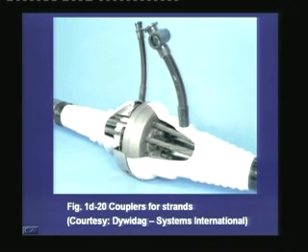Now, these pipes are the grout tubes that once the coupling is done, then grout is passed through to fill up this annular space in the coupler, so that there will not be corrosion for the tendons.